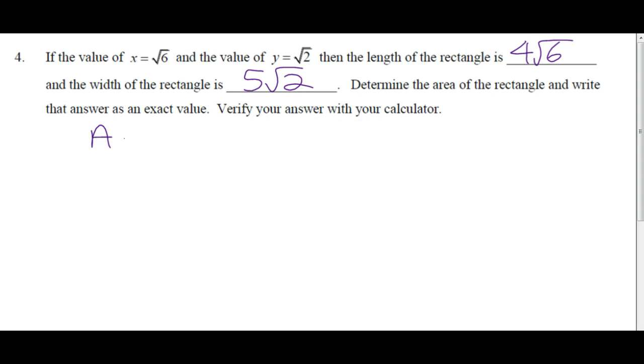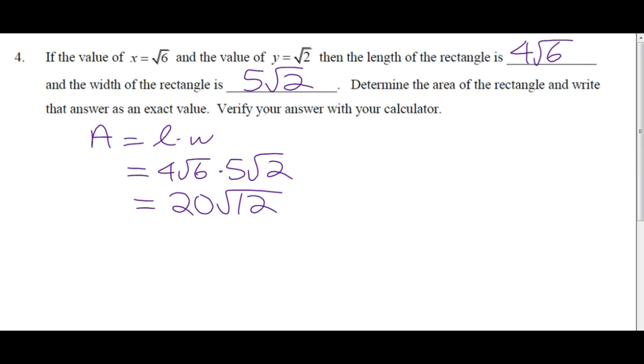Okay, so area is length times width, which is 4 root 6 times 5 root 2. Okay, what do we get? 20 root 12. Right. So we multiply 4 times 5. You multiply the coefficients, the numbers together, you get 20.